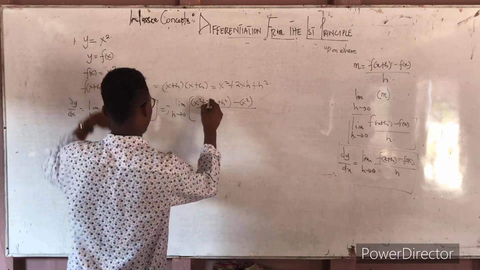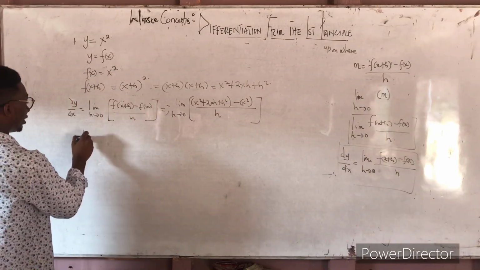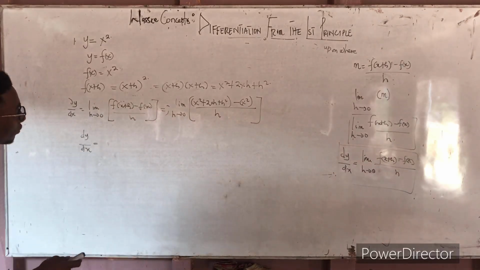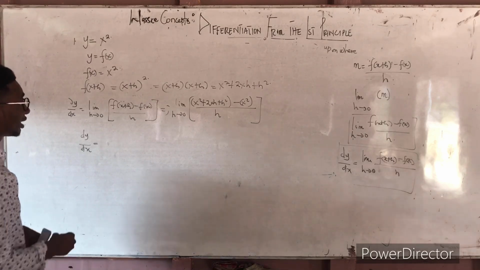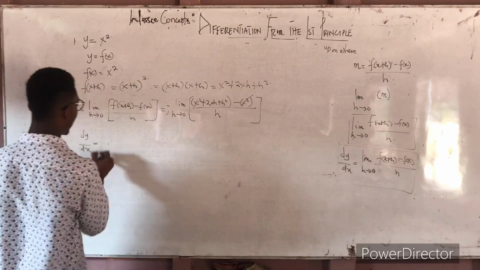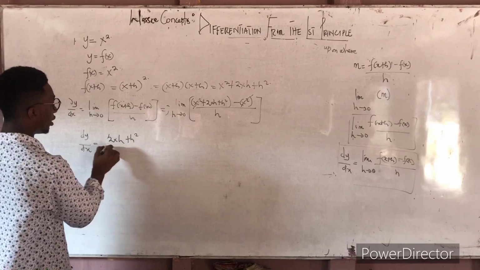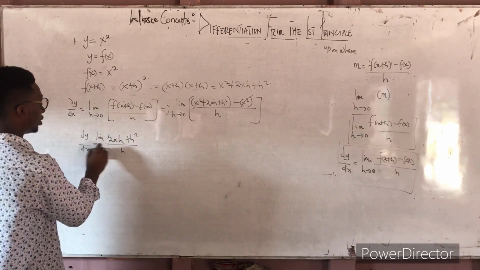All divided by h. So now when you simplify this, the x squared takes away the x squared, so you get 2xh plus h squared all divided by h. So the limit as h approaches 0.